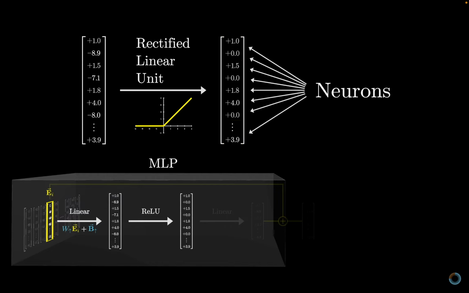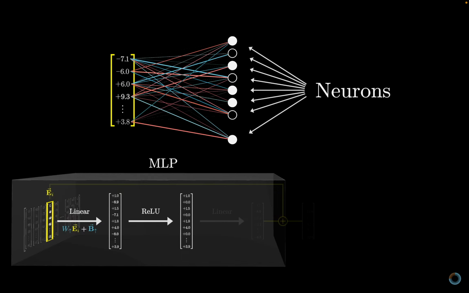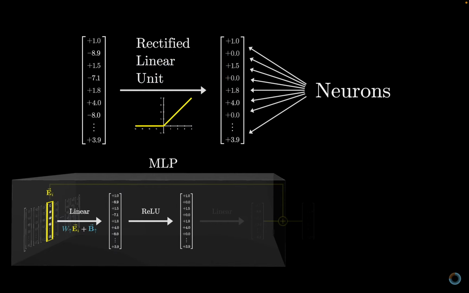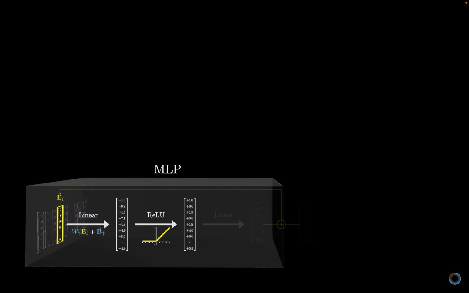Whenever you see that common neural network picture with a layer of dots and a bunch of lines connecting to the previous layer, which we had earlier in this series, that's typically meant to convey this combination of a linear step, a matrix multiplication, followed by some simple term-wise non-linear function like a ReLU. You would say that this neuron is active whenever this value is positive, and that it's inactive if that value is 0.